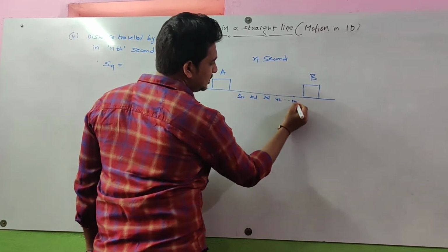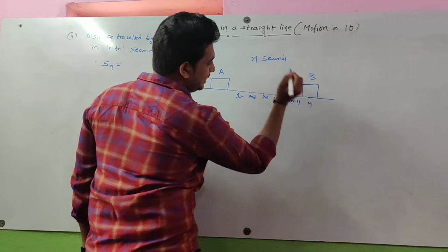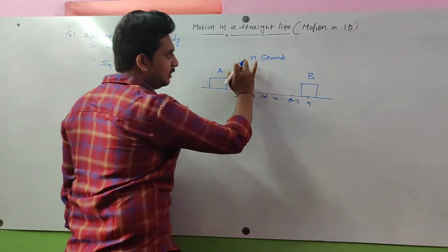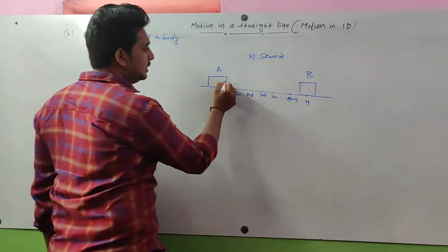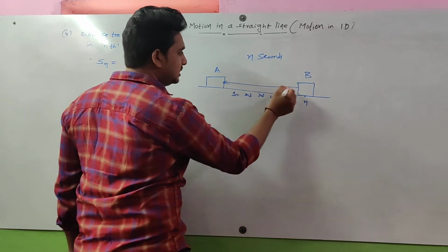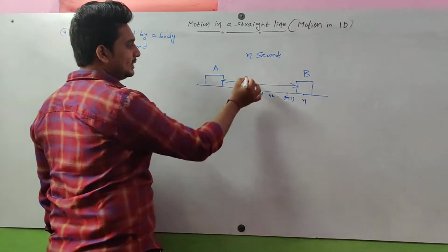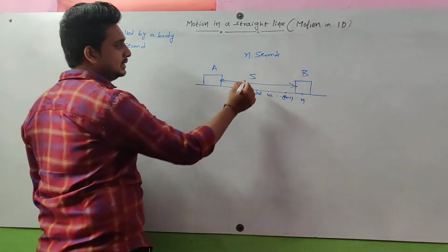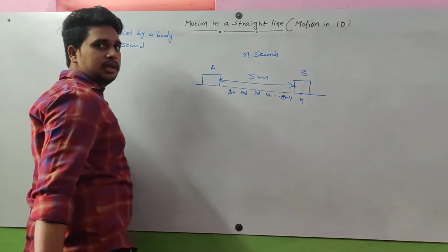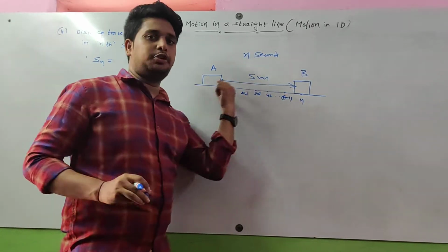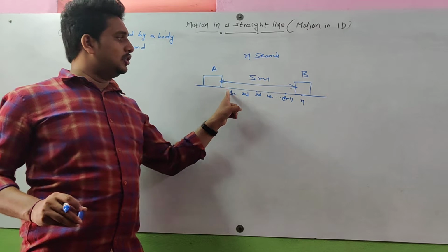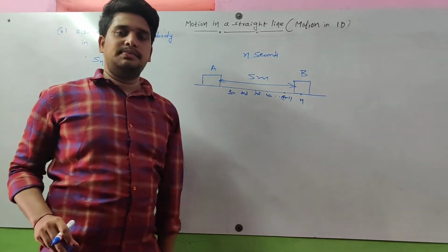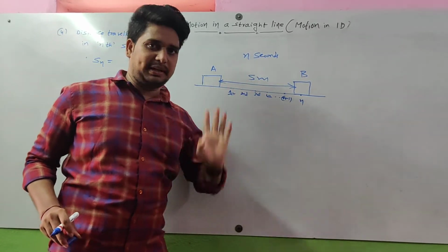This is the n minus 1 second and this is the nth second. In total n seconds, s meters of distance is traveled. If a body travels from A to B, the total time is n seconds and the total distance is s meters.